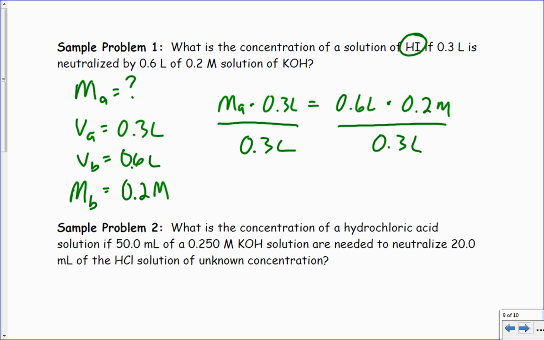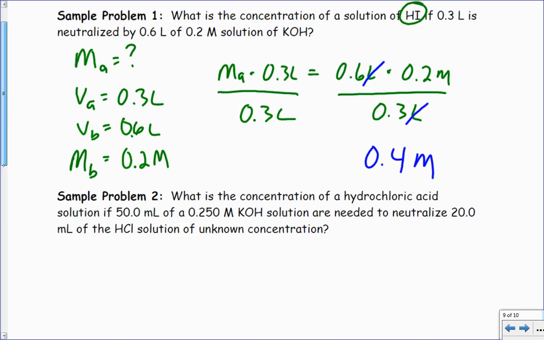And when I divide liters by liters, they cancel. So I'm left with molarity, which is what I want. Here, though, you do have to do the multiplication first. PEMDAS, multiplication before division, 0.6 times 0.2 equals, divided by 0.3 equals 0.4 molar base.